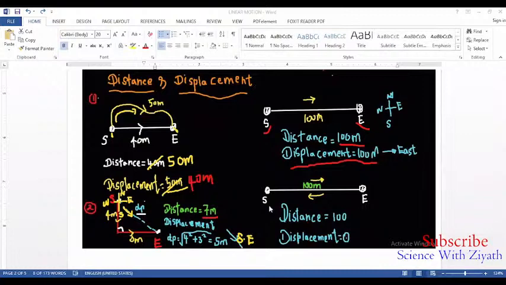Look at another example, the second one. This is the starting point and this is the ending point.